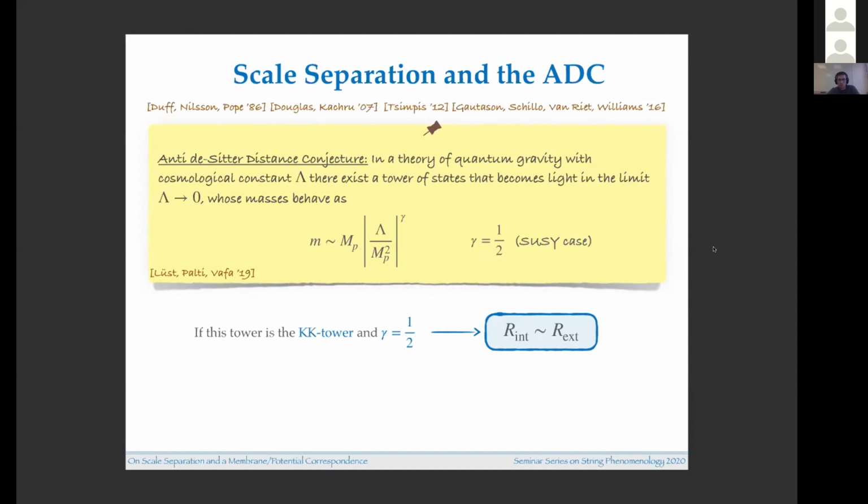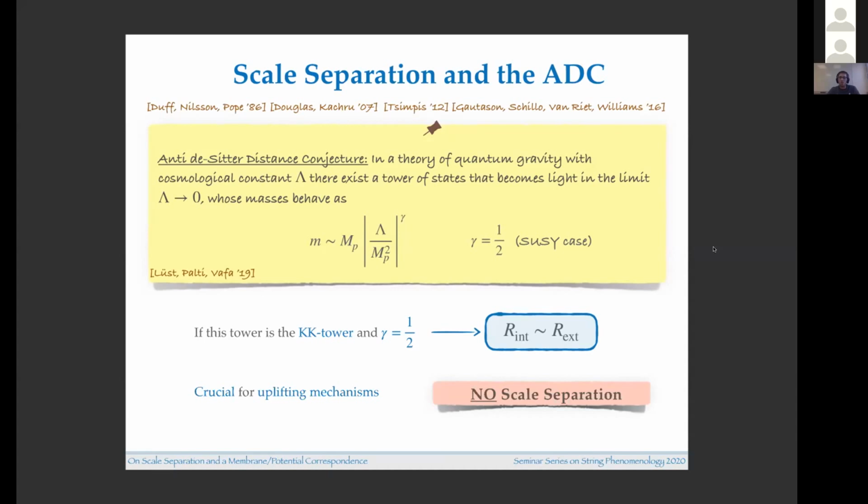And in particular, as I was saying, this is very crucial for this problem, and it's actually very important in trying to make some phenomenological models or describing the real world, because, for example, scale separation is a critical issue for uplifting mechanisms.